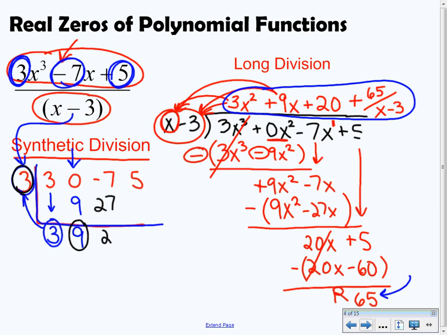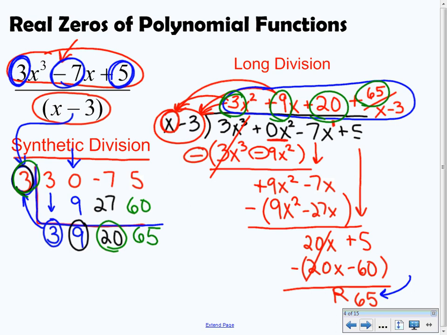Add down, and I get 20. You might recognize these coefficients from the previous problem. And then I'm going to take that 20, follow the pattern, and I'm going to multiply it by 3. And I get 60, and I add down, and I get 65. 3, 9, 20, and 65. Do you recognize those? Those come from the coefficients of our answer.